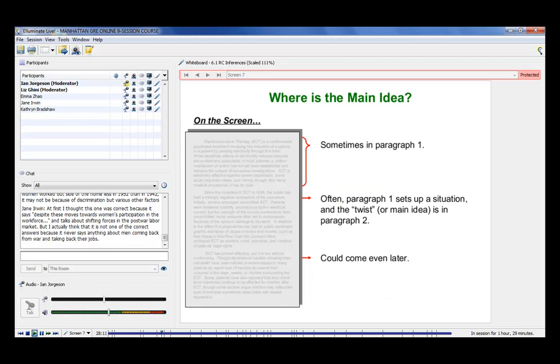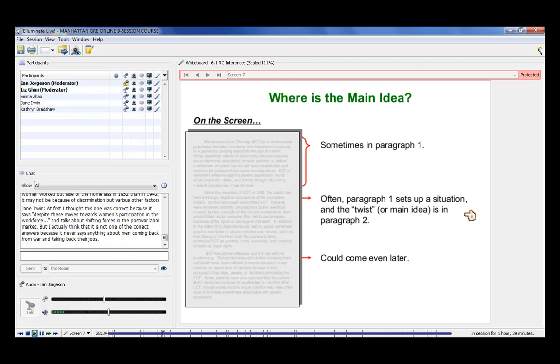And we talked about this last time as well, which is: where's the main idea? It could be in a lot of different places, but one fairly common thing they do is put in a twist, and they have language that indicates a twist is coming. For a long time, X believed in blah, blah, blah. Well, I bet paragraph 2 is going to tell me how they were wrong all along, and now we've got a new understanding or a new hypothesis.